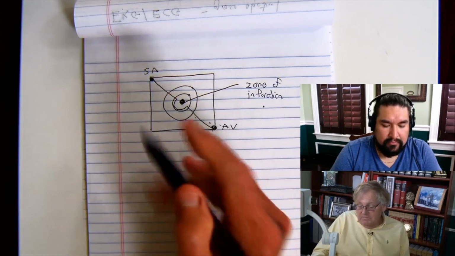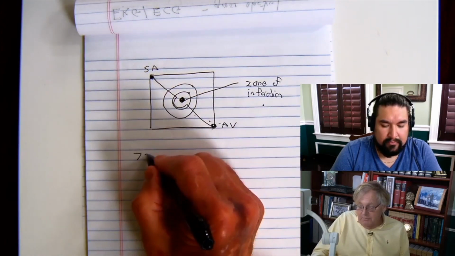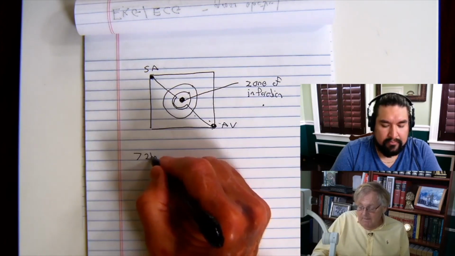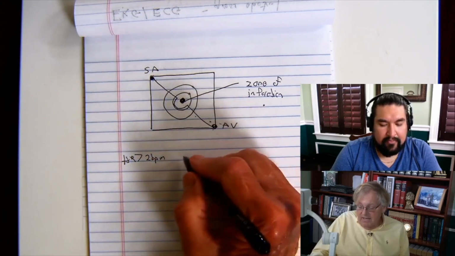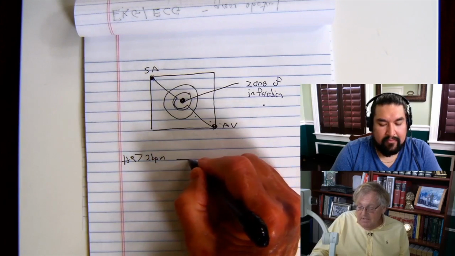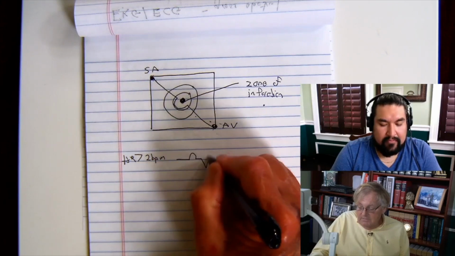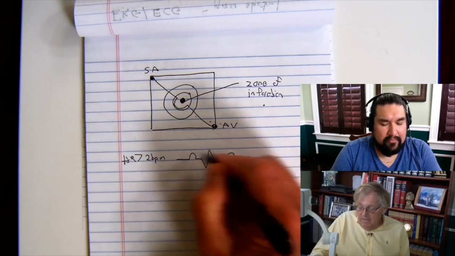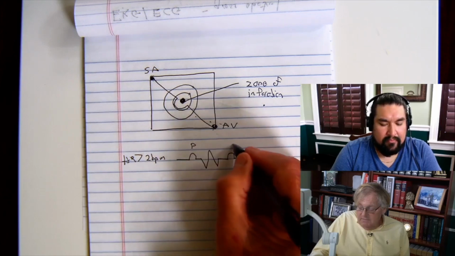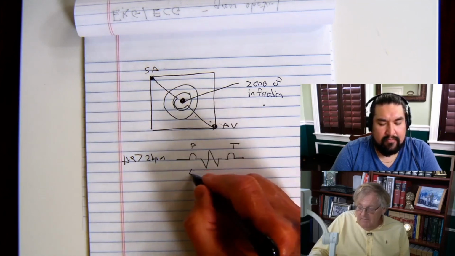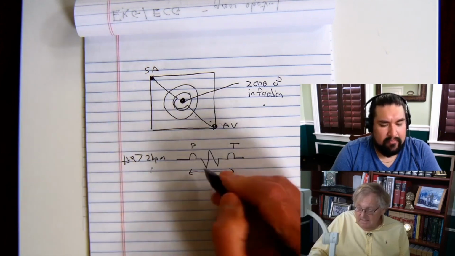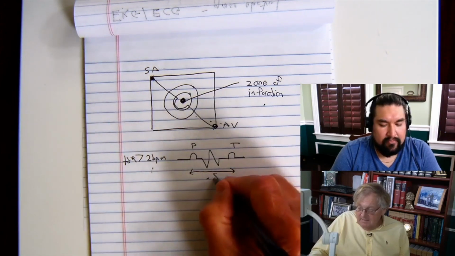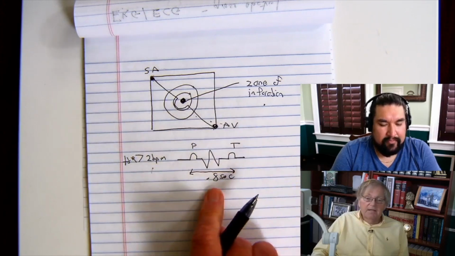If my heart rate is 72 beats per minute, that means that I have a cardiac cycle. Remember, a cardiac cycle is from the beginning of the P wave to the end of the T wave. So if my heart is beating at 72 beats a minute, every 0.8 of a second I'm going to have a cardiac cycle.